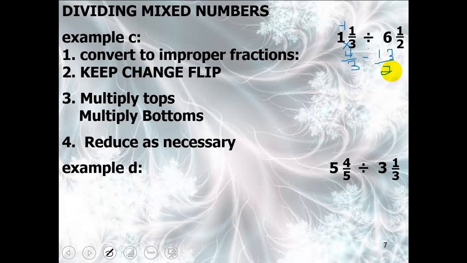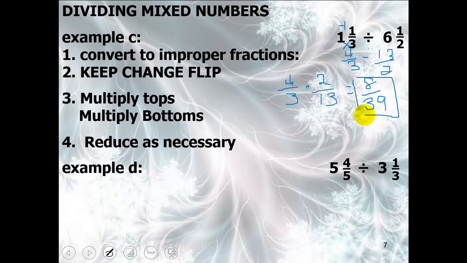Now I'm going to apply the process of keep, change, flip. All right? So I keep 4/3, I change division to multiplication, and I flip my second fraction. And so I get 8 over 39.